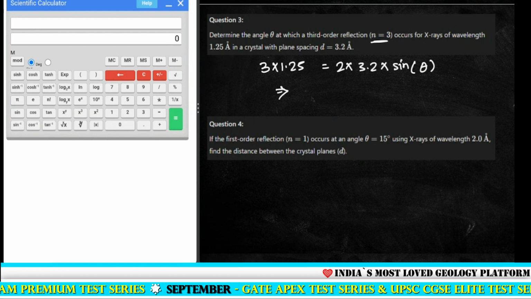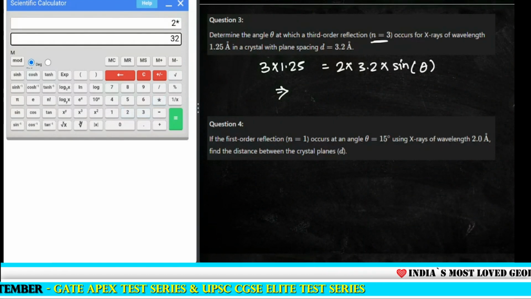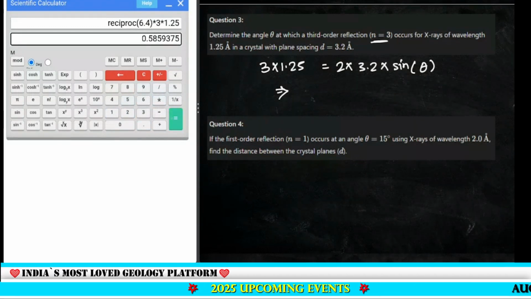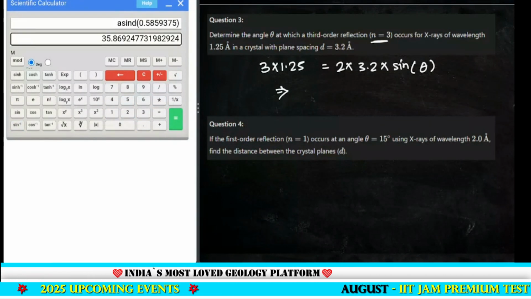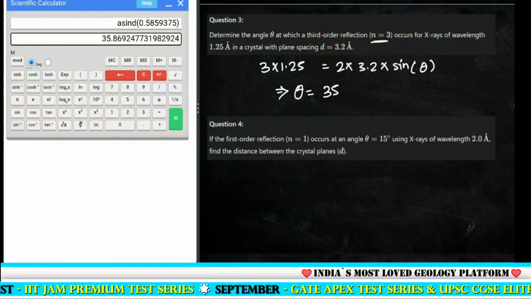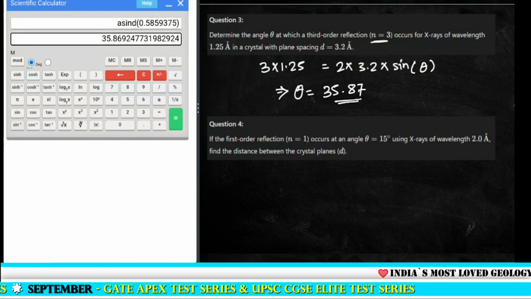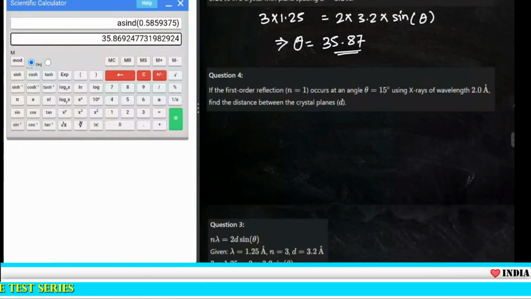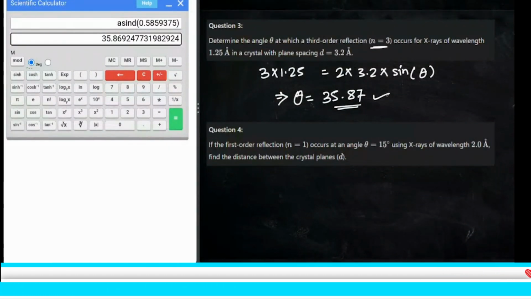Since everything is in angstrom, that is why I am writing 3.2. Okay, I am going to do it. 2 into 3.2, equal to, into reciprocal, 3 into 1.25, then sine inverse. Okay, 35.9597, like that. 35 point something it is going to come.